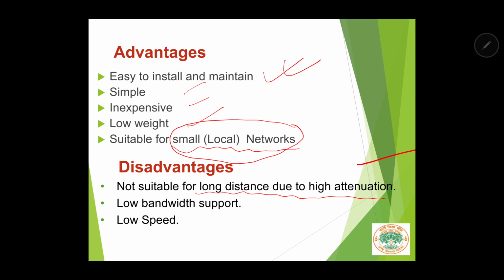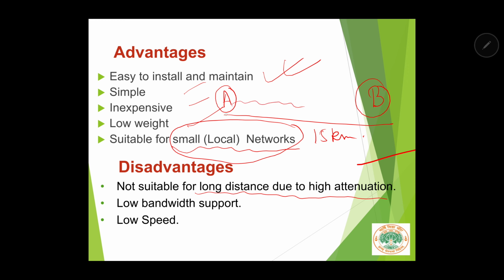Now let us try to understand attenuation. What is attenuation? Suppose this is one computer A, this is another computer B. Let's say the distance between A and B is 15 kilometers. What is the range of these twisted pair cables? It can carry signals only up to a range of 1 kilometer.